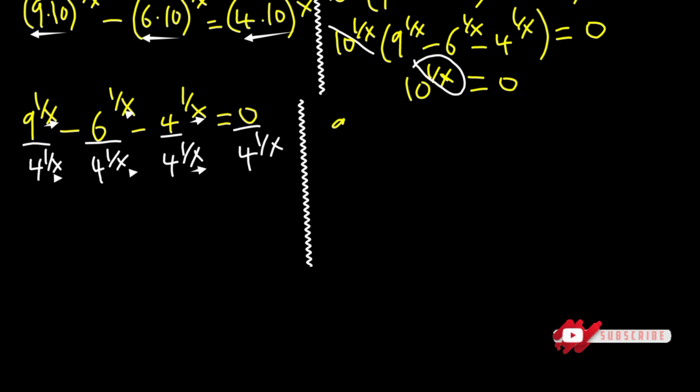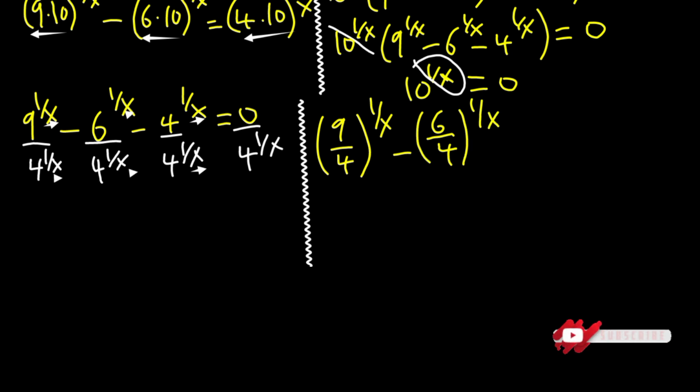So we have 9 over 4 all to the power of 1 over x. That's a common power. Then we have 6 over 4 all to the power of 1 over x. And then minus, this here cancels this to give us 1. So minus 1, and that equals what?